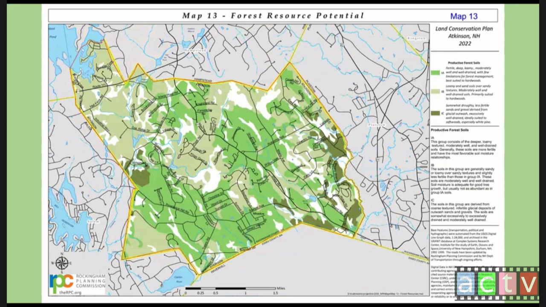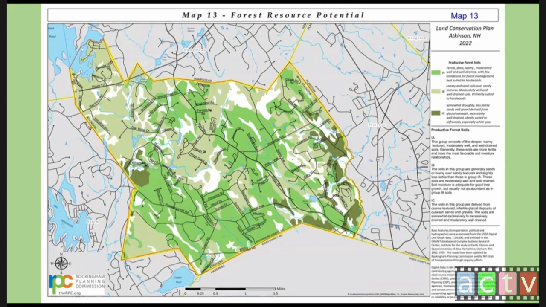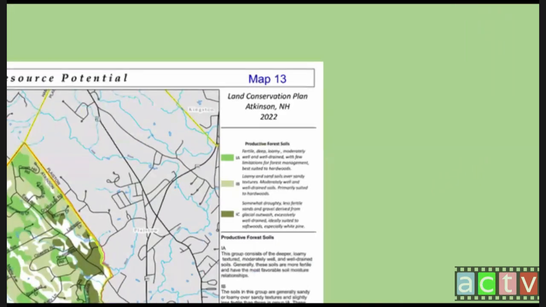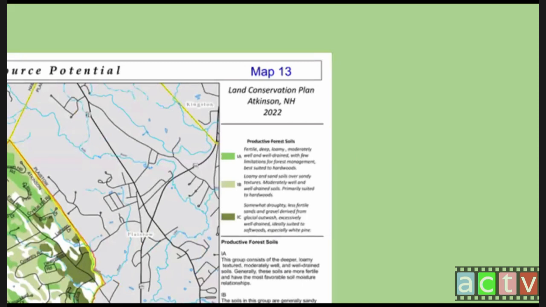Okay, map 13 is forest resource potential. Map 13 takes a look at the land's ability to produce timber and other forest products and is based on an analysis of soils data. Looking at the legend for this map, there are three broad categories of soils data presented here.